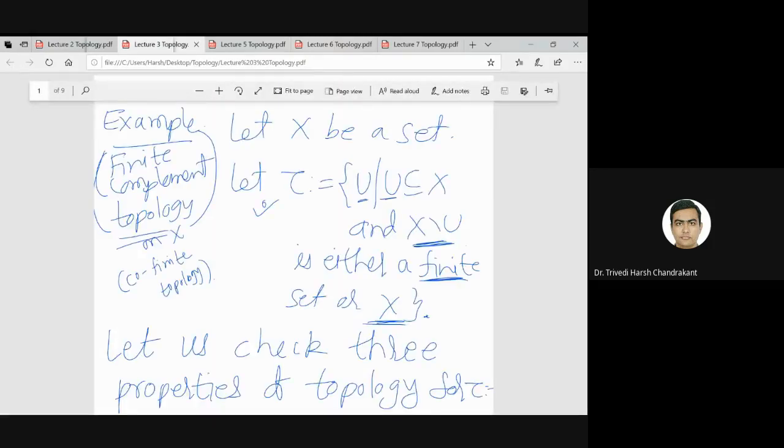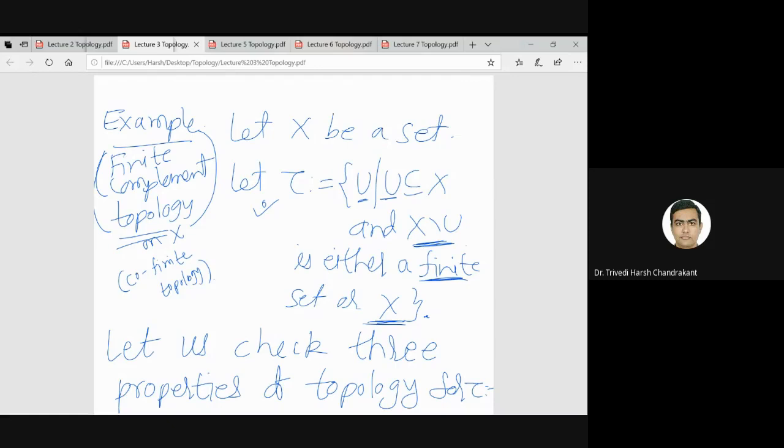One of the main examples is the cofinite topology, or finite complement topology, which we can define on any arbitrary set X. Whatever set X is given, we can define this topology on that. The other two topologies are the trivial topology, that is phi and X, and the discrete topology, which we can define on every set X. So these three topologies we can define on any arbitrary set X, and then we have studied the standard topology on the real line.